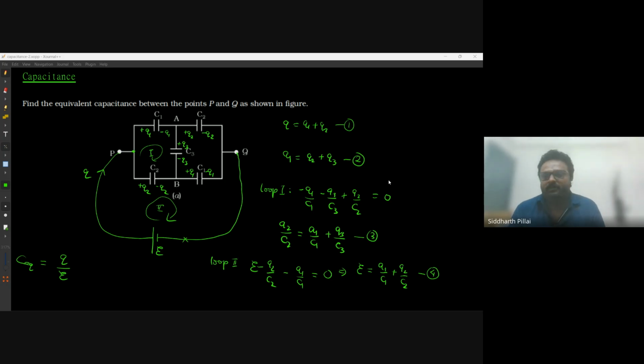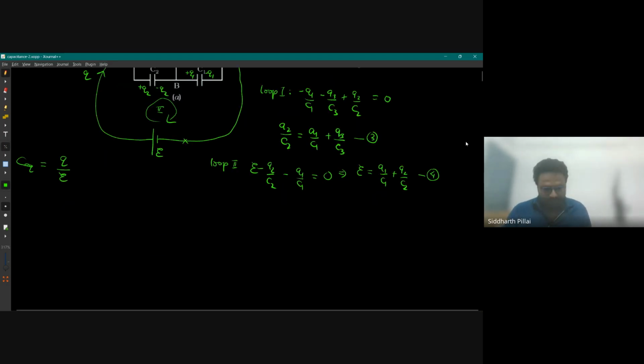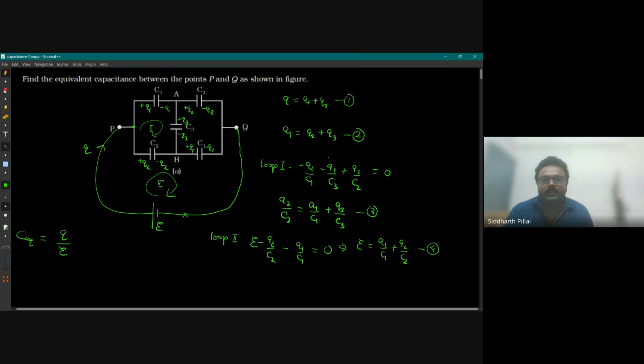Okay, so it might be a little bit tedious to solve, but once you just follow all these equations, you should be able to solve it. So I'll begin writing the solution. You guys can write later. Right, so we want to write Q1, Q2, Q3 in terms of Q, and then Q in terms of E. So I'll first try to eliminate Q3.